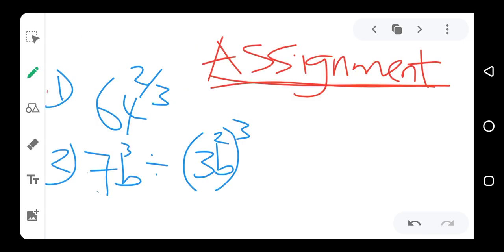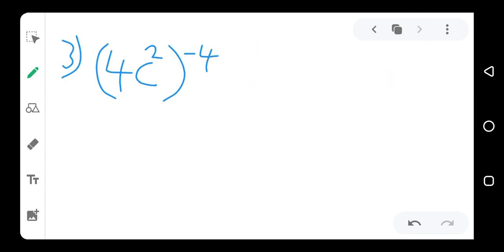You evaluate this: 64 raised to power 2 over 4, 7b raised to power 3 minus 6b raised to power 2, all brackets power 2, and 4c raised to power 2, all brackets power minus 4. So evaluate this and submit your assignment.